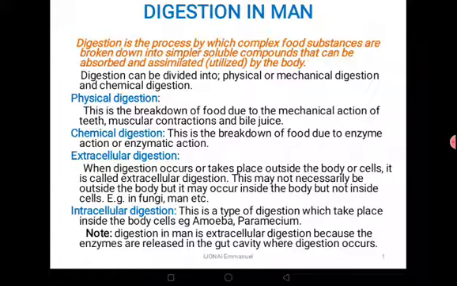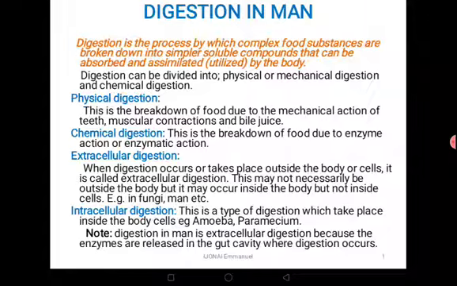So let's move to the other type of digestion based on the action. It is called chemical digestion. And this is a breakdown of food due to action of chemicals called enzymes. So in our bodies, we have chemicals that are called enzymes that act on food, breaking them further into smaller soluble particles.